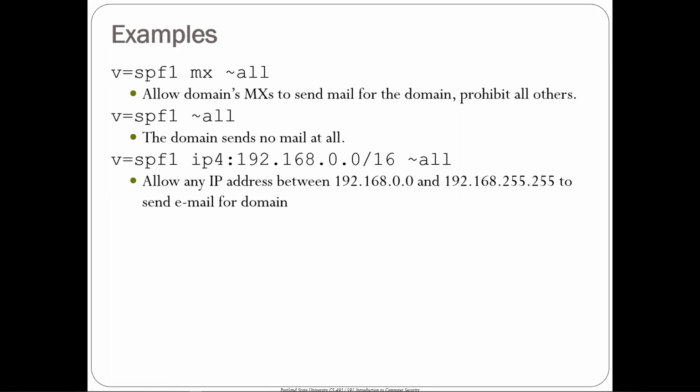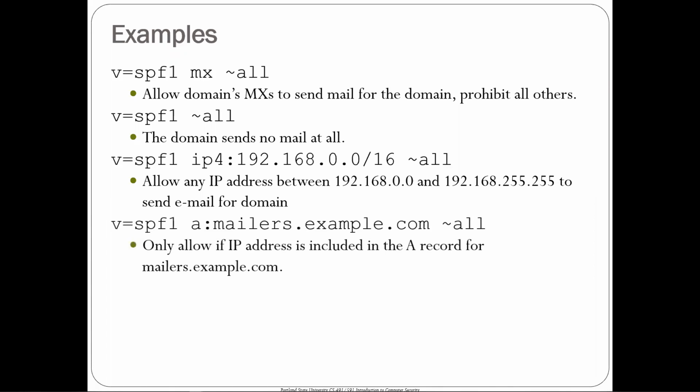They don't want that, but this is a policy that allows them to specify that if they did. Here's another one that says, my mailer is very specific. It's mailers.example.com. So allow that, all the IP addresses associated with this name, there could be multiple ones. That's how I'm doing my mail architecture. It's just a set of servers that are responsible for sending, deny everything else.